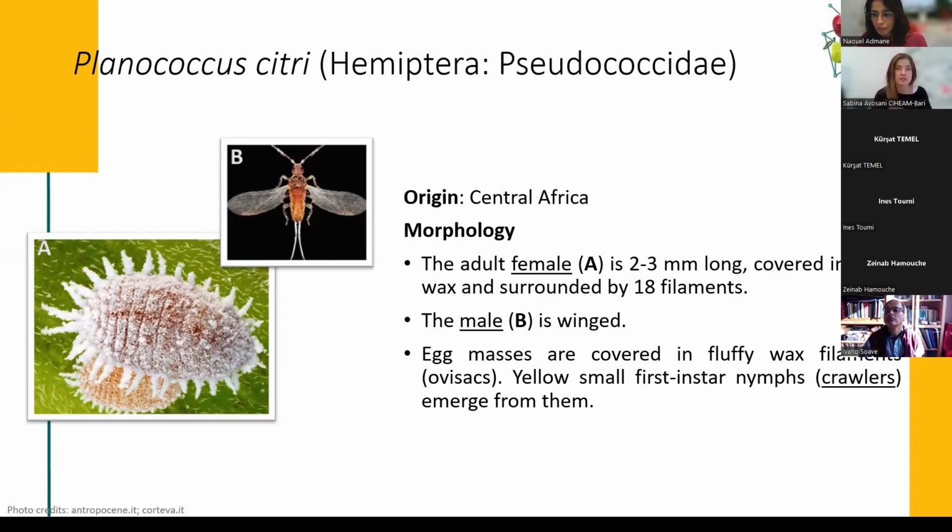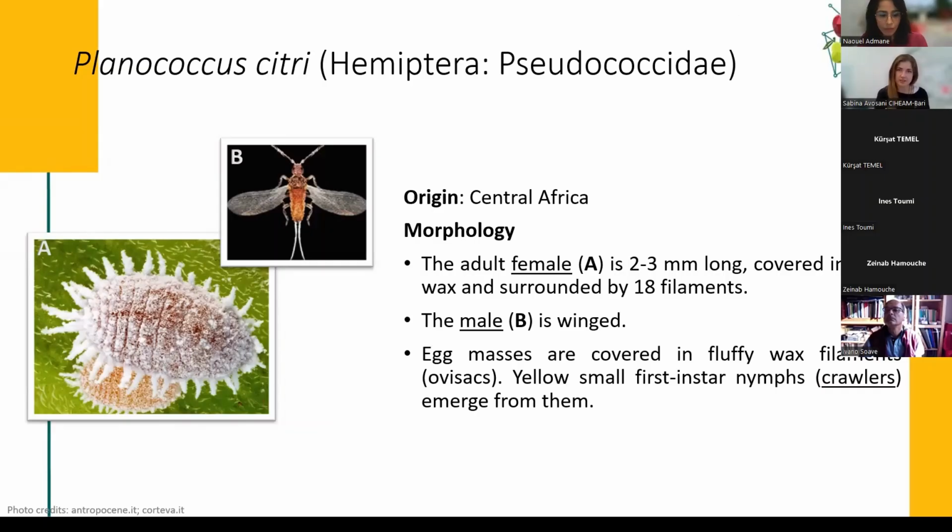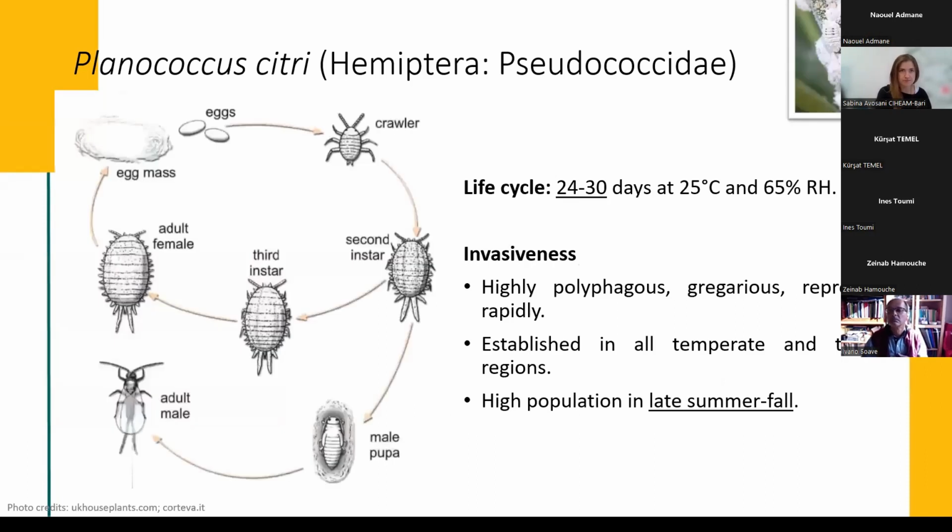From these ovisacs, the small yellowish nymphs, the crawlers, emerge, and they can actively walk and settle on the plant. The life cycle that you can see in this picture usually takes almost 1 month at 25 degrees Celsius.